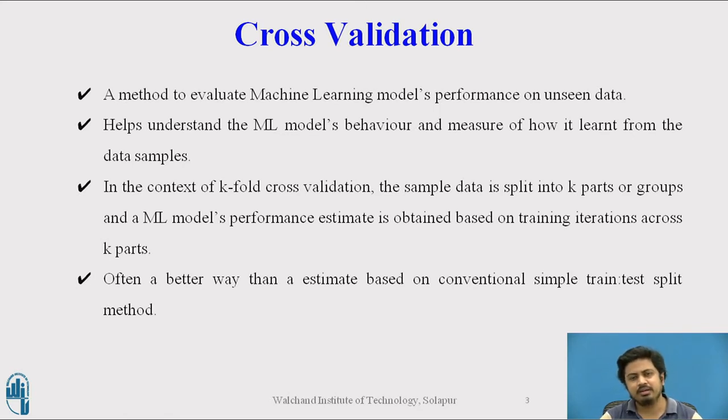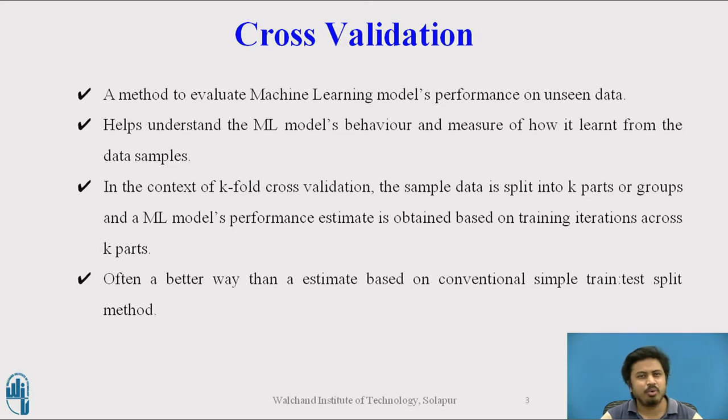Rather than that, here we split the data into K folds, and based on the number of folds, the train and test split is decided, and accordingly the ML model keeps on training on a unique set of parts of that data. Some unique set of parts of the data are used for training, and the remaining ones which haven't been part of training are used for testing.